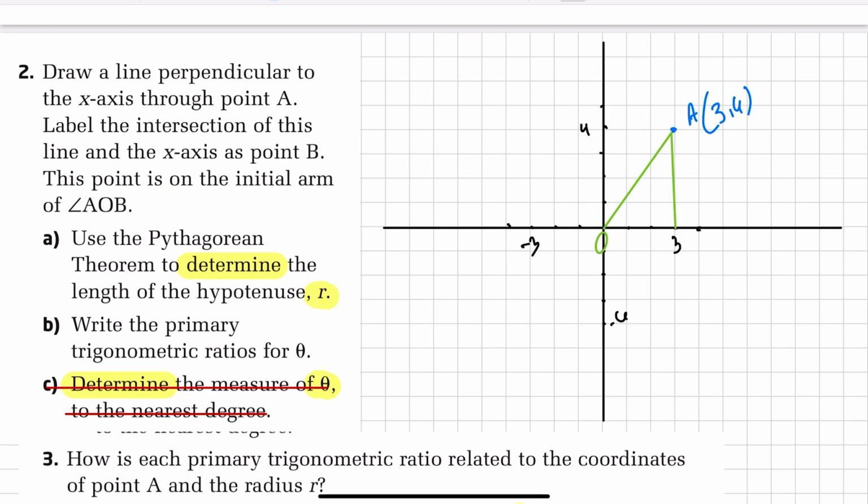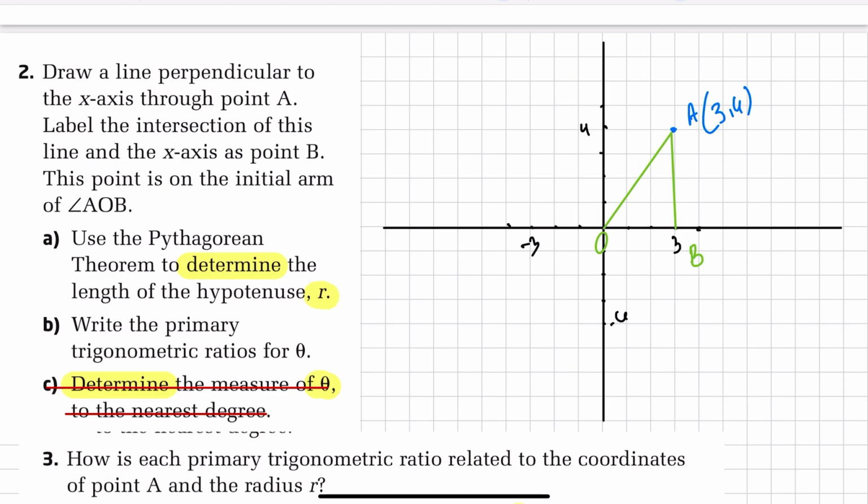Okay, it's a little bit not in the right place, but no problem. This is my A, and what they are telling us is to name this point B. So I will name it B. B is on the initial arm.